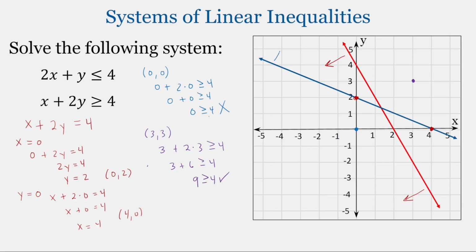So we're going to shade the side of the boundary line that contains the ordered pair 3, 3. Now we have 2 boundary lines, and we know which side of the boundary lines to shade. And so the solution to this system, or the graph of this system of linear inequalities, is that region where they overlap. So that is the region we will shade.